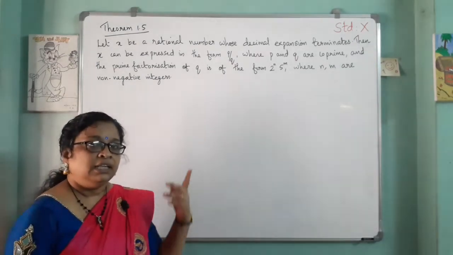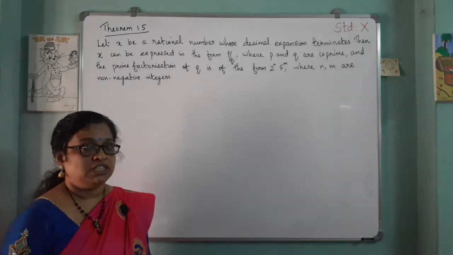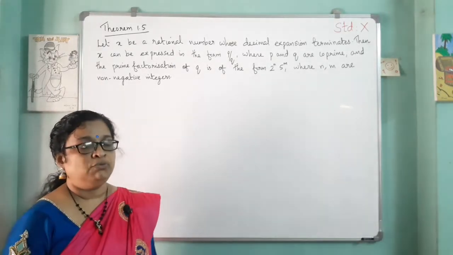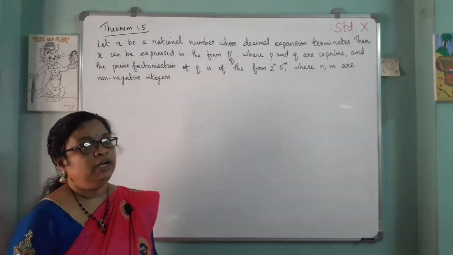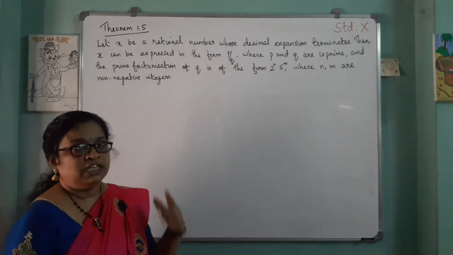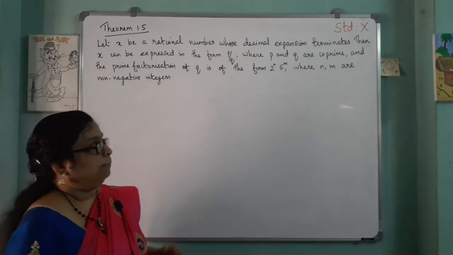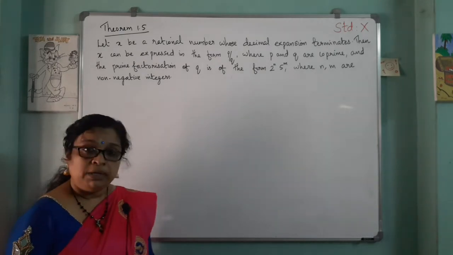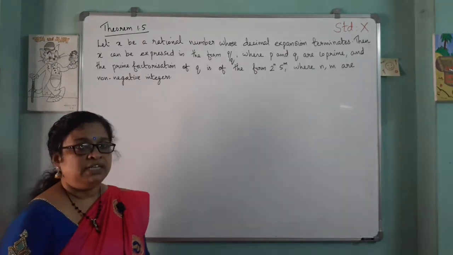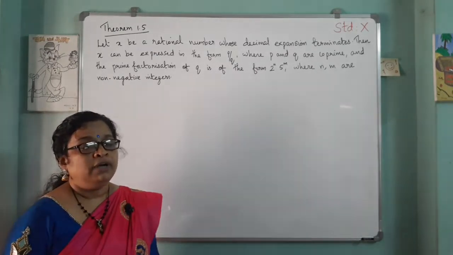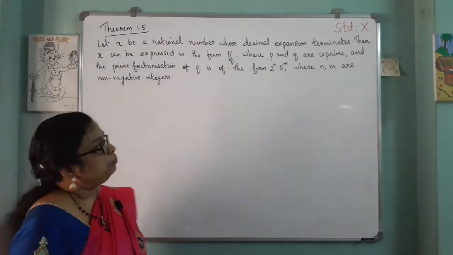Co-prime means that p and q are in lowest form, and there exists no common factor other than 1 in p and q. That is, the HCF of p and q is always 1.